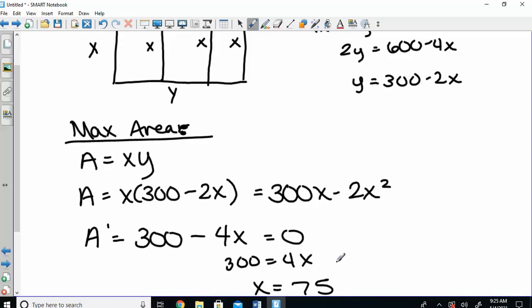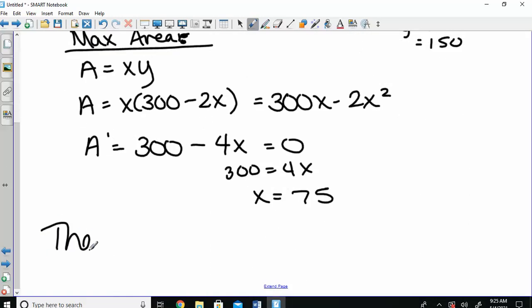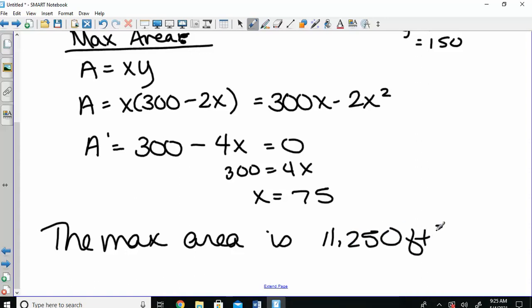Then I wanted the actual area, so you can plug your 75 into your area equation. If you wanted, you could find your y first. It really doesn't matter. You get 300 minus 150, so that's 150. So your area is 75 times 150. And 75 times 150 is, and area is always square.